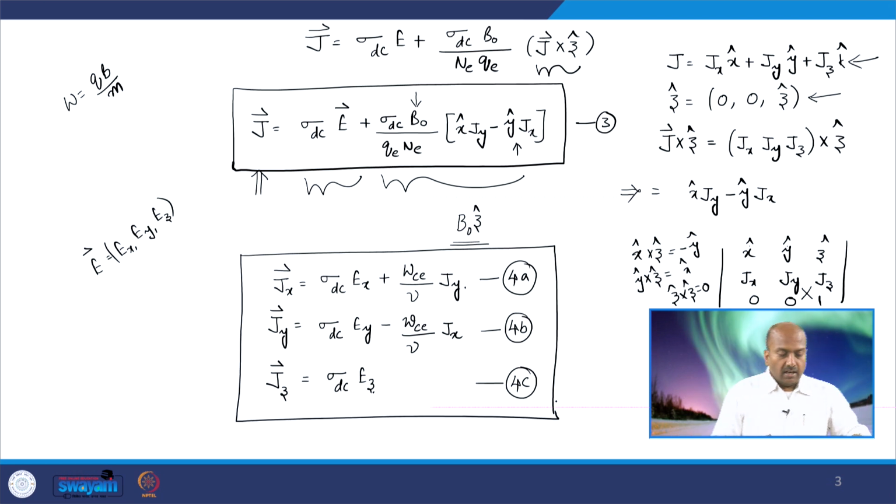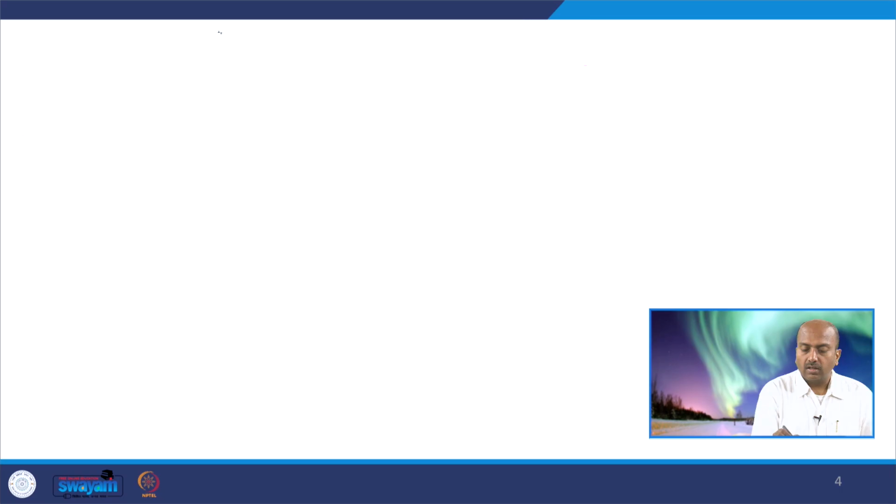Now, let us take these equations and try to find out the tensor nature of the conductivity. I'll rewrite these equations in terms of variables or parameters that I know very well. So let us take equation number 4a, which is Jx, the conductivity along the x direction. Jx is equal to sigma dc along Ex plus omega Ce divided by nu times Jy.